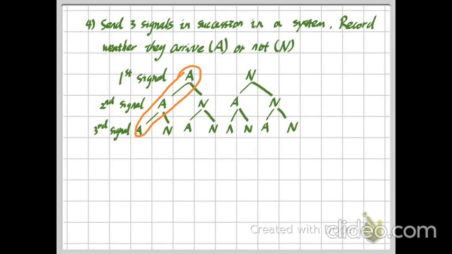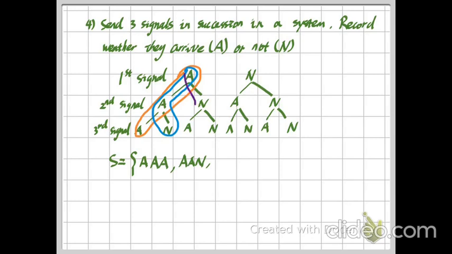So we will have our sample space equal, the first one is A, A, A. All of the signals arrive. And if we choose a different branch, like we choose A, A and choose the right branch as the third signal, then we will have the answer A, A, N. And we will do this for all of these branches.